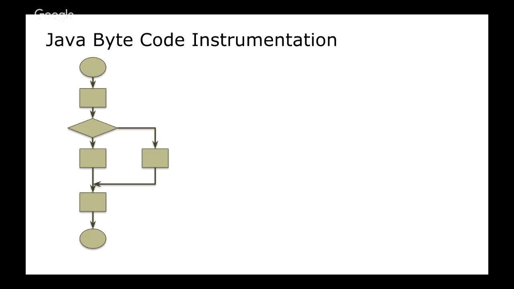Take, for example, this one. This is a control flow of some method. What JaCoCo does is analyze the control flow and identify strategic places where it makes sense to insert so-called probes, and the probes actually record the fact that they have been executed. With these probes inserted, you can derive the executions of all other instructions in this method.